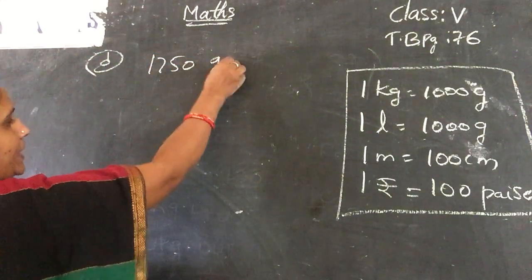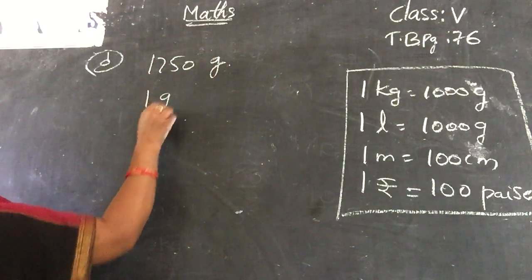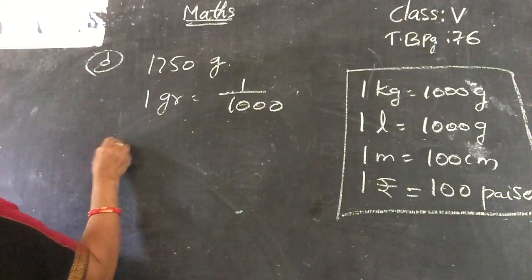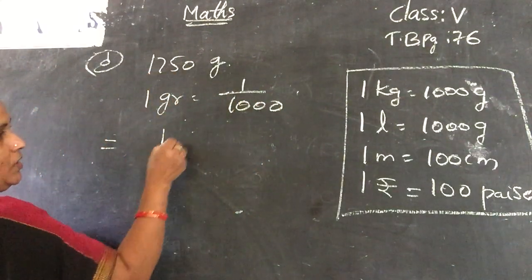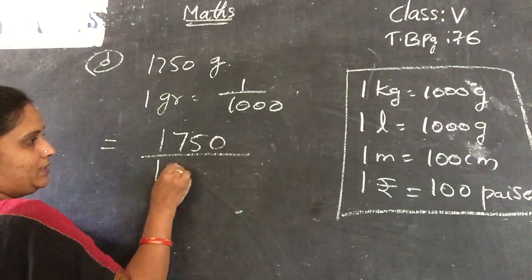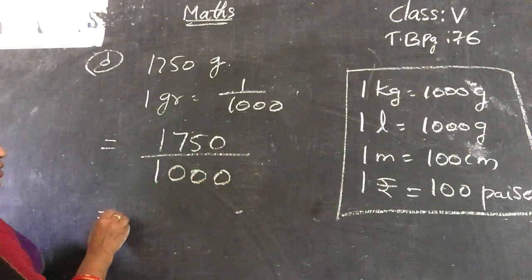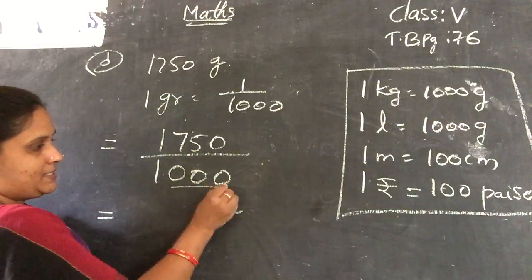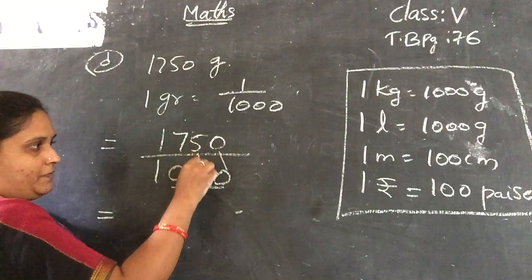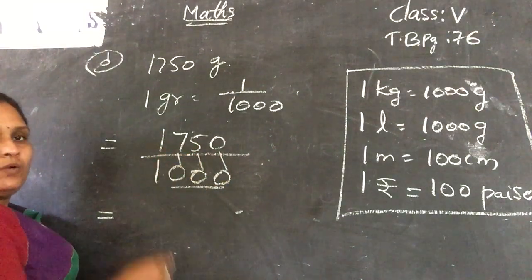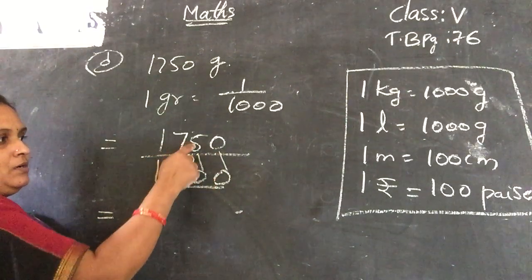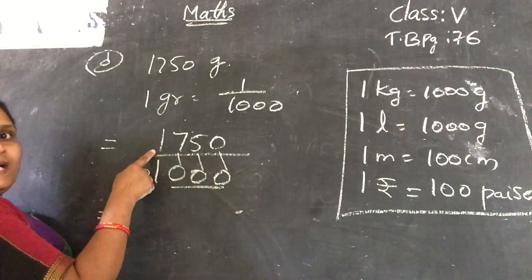1750 grams. So 1 gram is equal to 1/1000. So here 1750 divided by 1000: the last 3 digits, then put the dot. So 0, 5, 7, and the last 1 is left over.